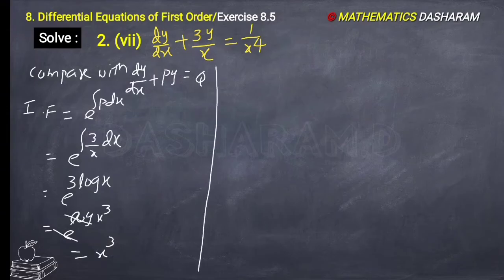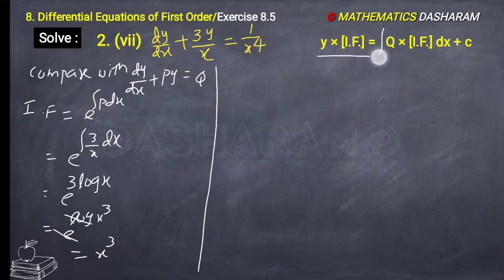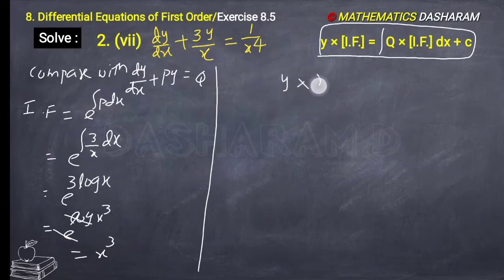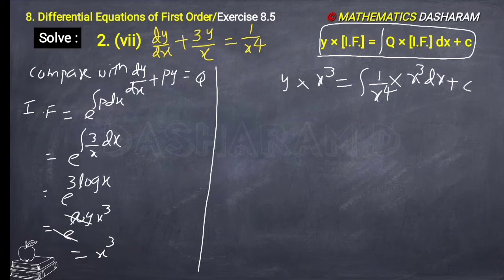Now let's find the solution. So y into I.F equals integration q into I.F dx plus c. So here y into I.F is x cube, and integration q value 1 by x to the power of 4 into I.F is x cube dx plus c.